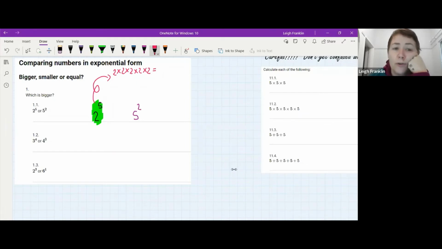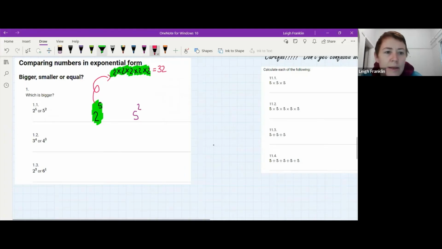It wouldn't give you 25, because 2 times 2 is 4 and 4 times 2 is 8. Oh, 10, ma'am. No, because then that would be 5 times 2. And 2 to the power of 5 and 2 times 5 are not the same thing. So remember, 2 times 2 is 4. 4 times 2 is 8. 8 times 2 is 16. 16 times 2 is 32.